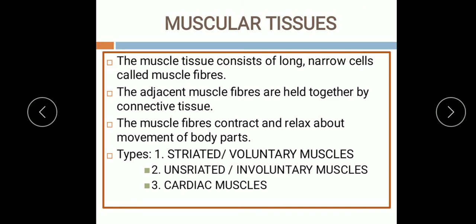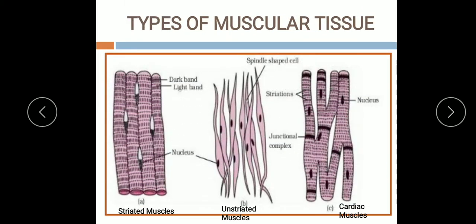And these muscular tissues are of three types: striated or voluntary muscles, unstriated or involuntary muscles, and the third is cardiac muscles. Now I'll discuss the structure of all these three types of muscle tissue and their function also. So we'll start with the striated muscles.